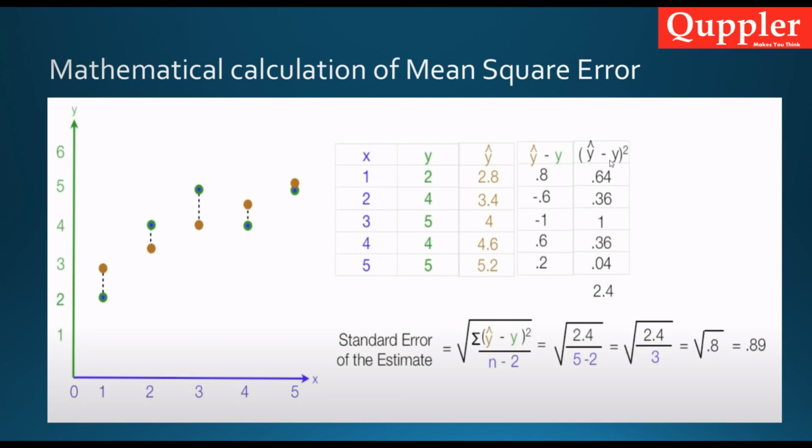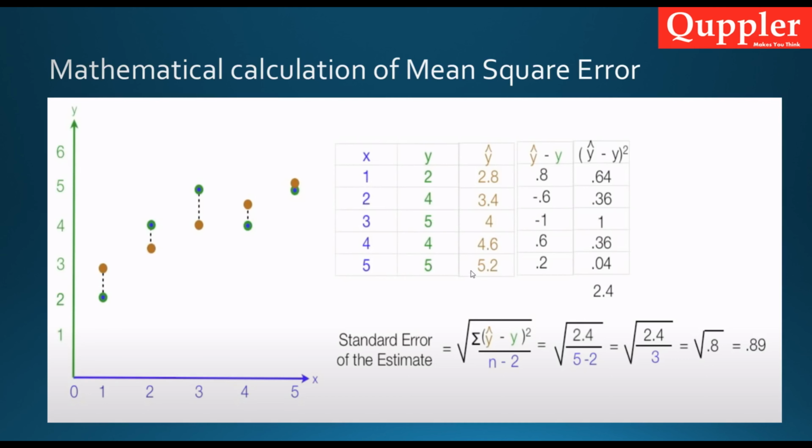After doing the summation, 0.64 plus 0.36 plus 1 plus 0.36 plus 0.04 is 2.4. Once we have 2.4, the number of data points in my plotted data set is 5: 1, 2; 2, 4; 3, 5; 4, 4; and 5, 5.